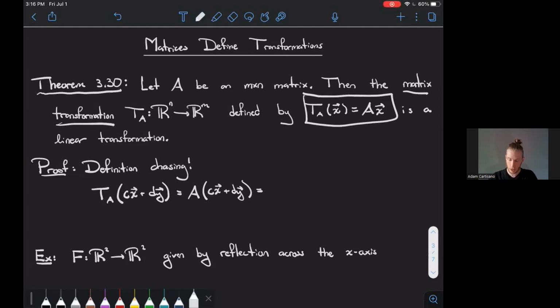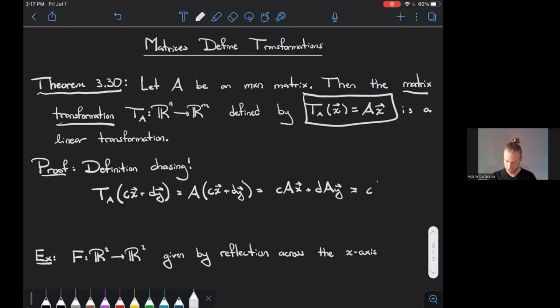So we can write this. We know just from facts about matrix multiplication that this is cAx plus dAy. We can factor the constant out to the front and so on. And A times x is just T_A of x.